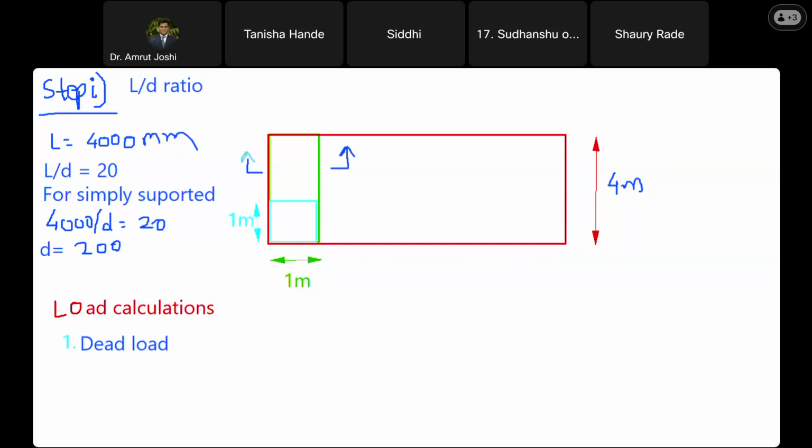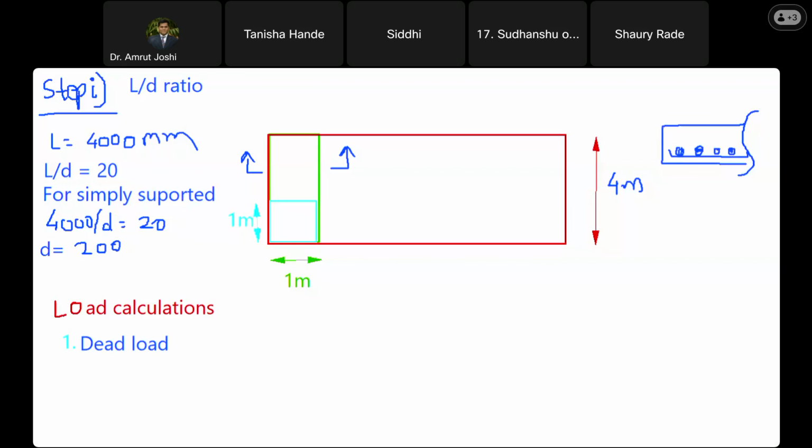You have a slab running like this. It continues. Now at the bottom, we are going to have reinforcement in this direction, which is running perpendicular to the plane of the board. And we are also going to have a reinforcement like this.